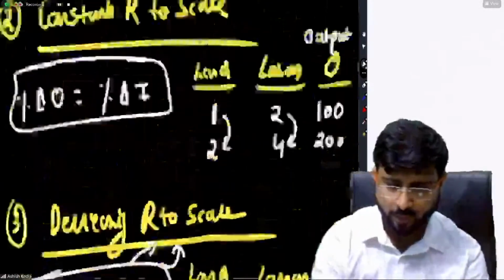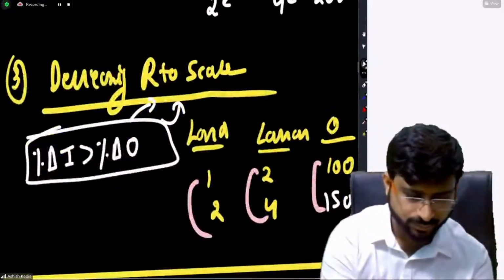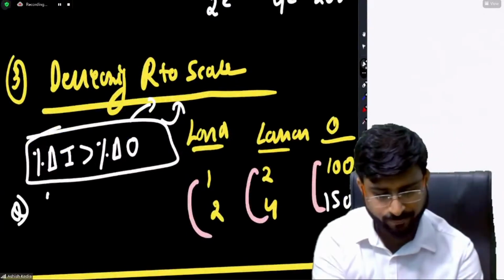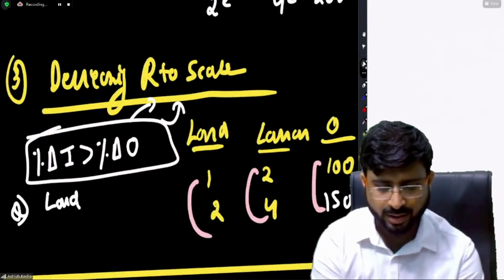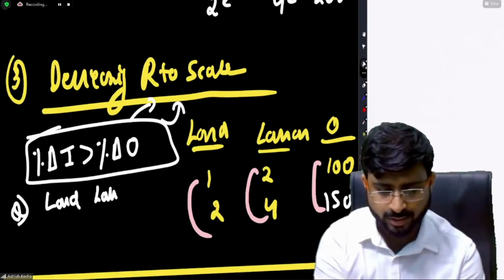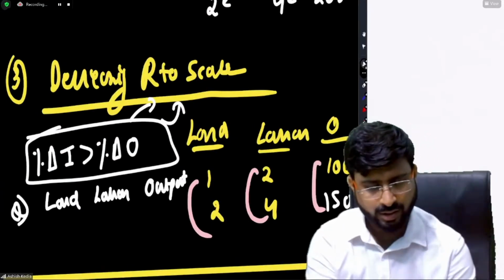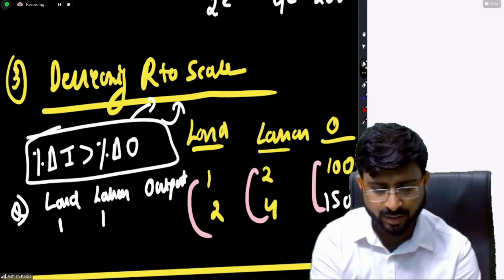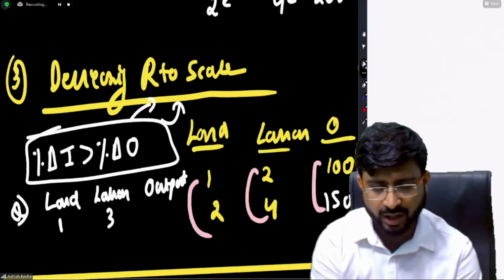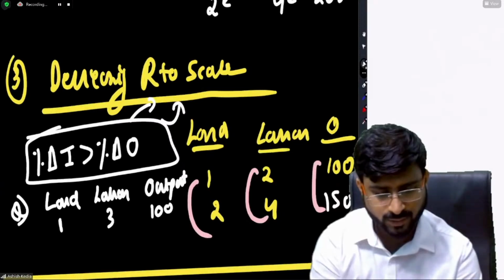Okay. So I have a question. Suppose land and labor are here. Here is output. My question is, land is 1, labor is 3, and output is 100.